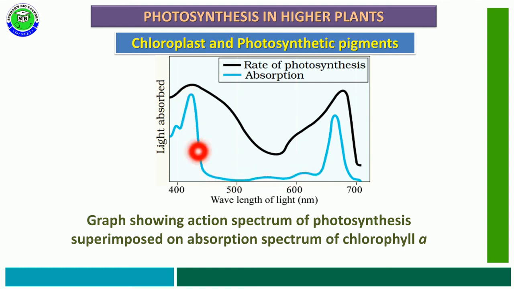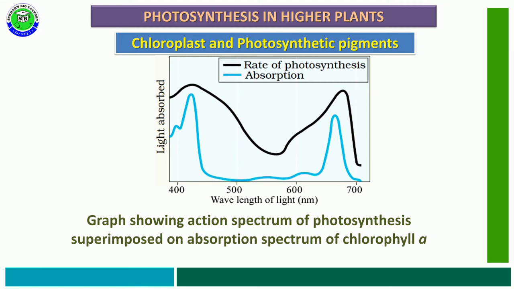Whenever chlorophyll A pigment absorbs more light energy, then at this same wavelength, a higher photosynthesis rate occurs and more oxygen is released. By comparing these two curves, we can understand that chlorophyll A is the main pigment for the absorption of light energy.